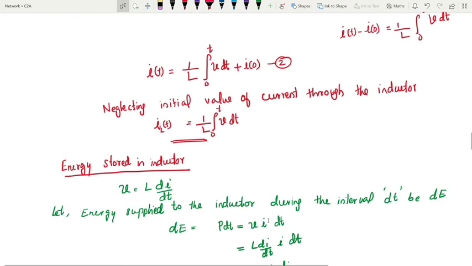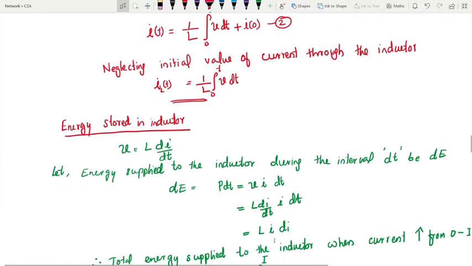P is equal to V into I. So dE is equal to V I dt. We know V is equal to L into di by dt. Substituting, dE gives L into di by dt I dt. Now we can cancel dt and dt. So the final expression becomes L i di. So dE is obtained as L i di. That is, the energy supplied to the inductor from the source during an interval dt is L i di.